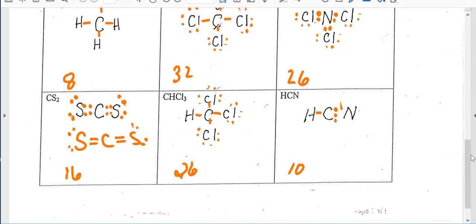So I'm going to make this into a triple bond, and then the extra 2 from the nitrogen go on the outside. So in the final analysis, it could look like this. That is a dash, triple bond, and 2 dots. There we go. That's the presentation for this test on covalent bonding.